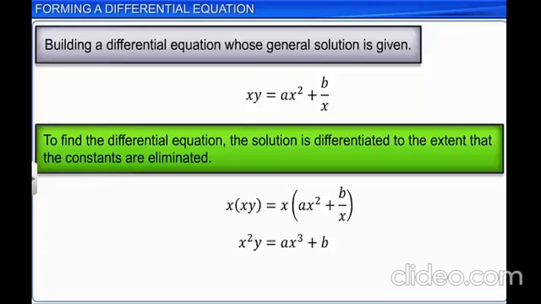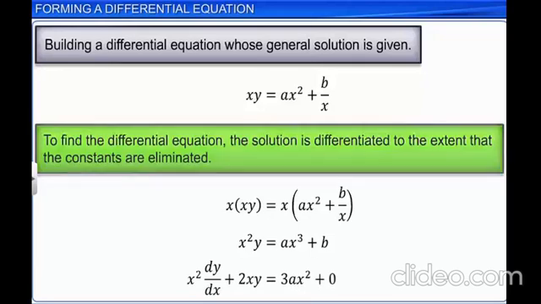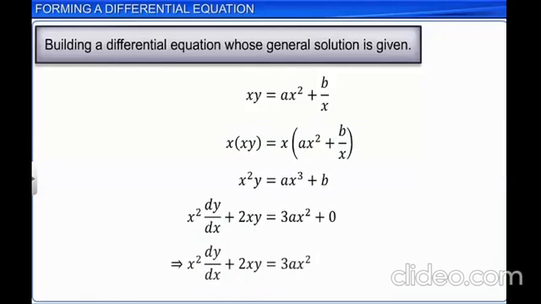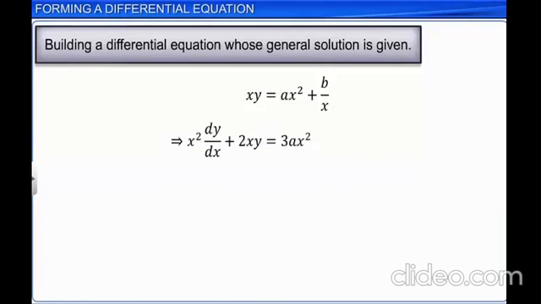Applying the product rule on the left, we get x squared into dy upon dx plus 2xy is equal to 3ax squared plus 0. Now, dividing both the sides by x, we get x into dy upon dx plus 2y is equal to 3ax. Let this be equation 1.